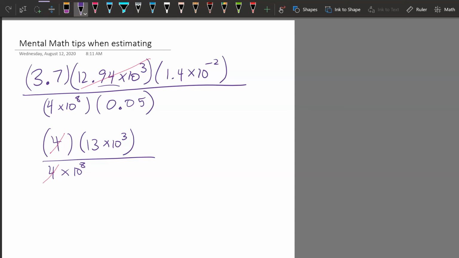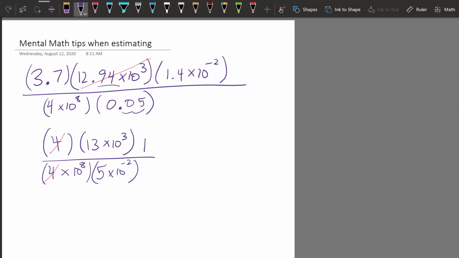1.4 over there, and I got a 0.05. Another way to write 0.05 would be to move the decimal and just make it a 5. And so that would be 5 times 10 to the negative 2. I don't know where I'm going yet with this. Here's a 1.4 times 10 to the negative 2. If I round that down to 1, it's certainly easier.